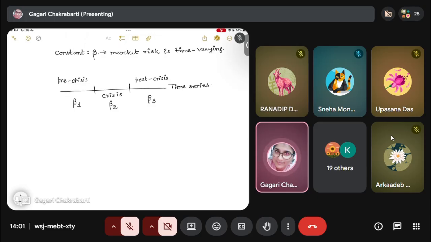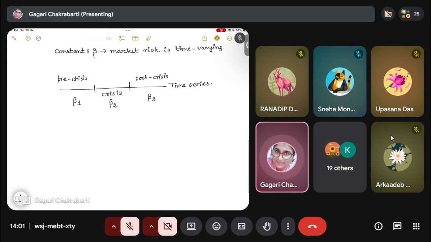এইবারে তুমি বলছো যে ঠিক আছে বিটা is dependent on the nature of the economy. So you are calculating one beta 1 for the pre-crisis, one beta 2 for the crisis, and one beta 3 for the post-crisis. তাহলে এইবারে আমার বক্তব্যটা হচ্ছে, earlier you were getting only one beta, now you are getting 3 betas. So is your beta time varying in the true sense? কি মনে হয়?